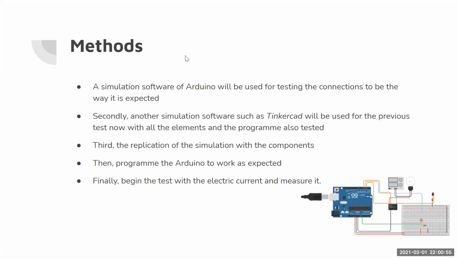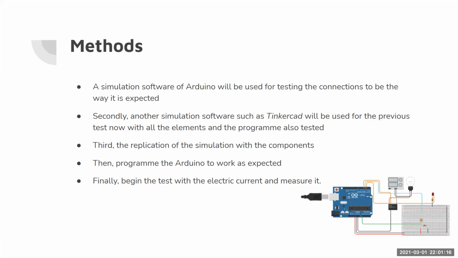Well, then in the methods, the first is the data simulation software of Arduino from a US university. It's going to be used for testing that the connections are the way expected, in this case specifically of the LEDs and the Arduino.